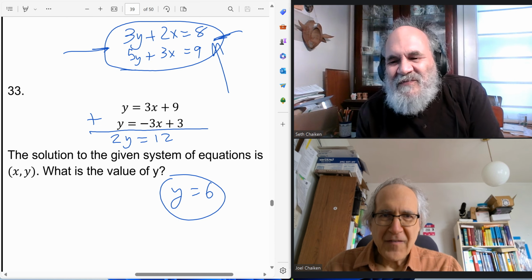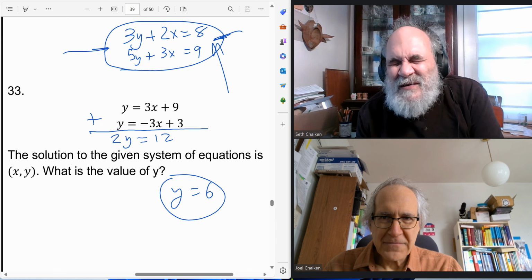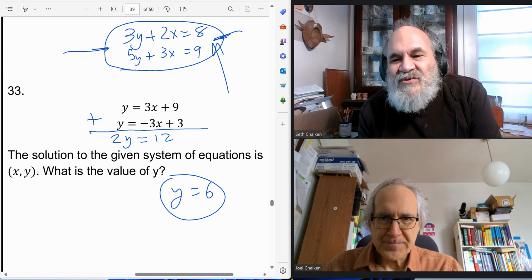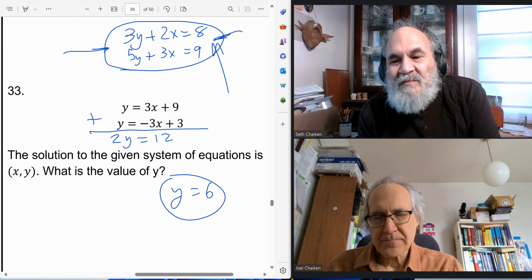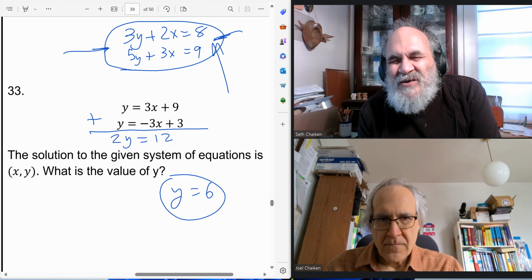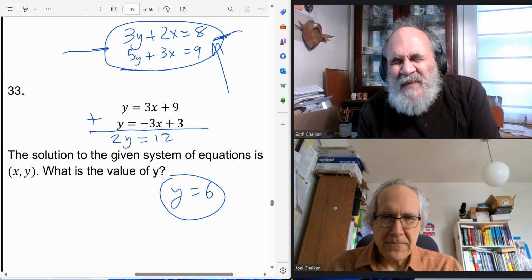The fancy word for getting rid of is eliminating. That means combine the equations to obtain an equation that is implied by the two, where the combined equation has only y as a variable. And then you solve it.